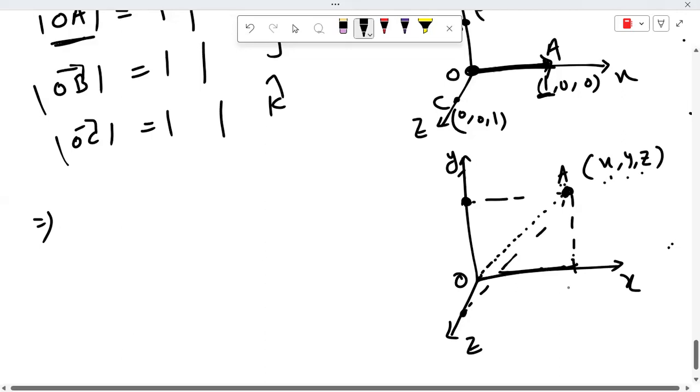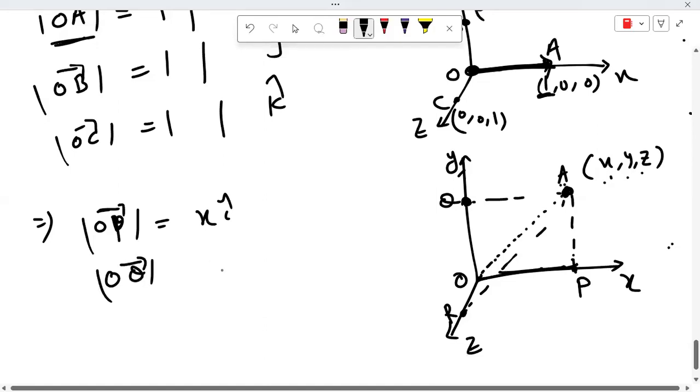Then if this is a point P and this is Q and this is R, can I write OP will be x I cap and OQ will be y j cap and OR will be z k cap? Yes or no?